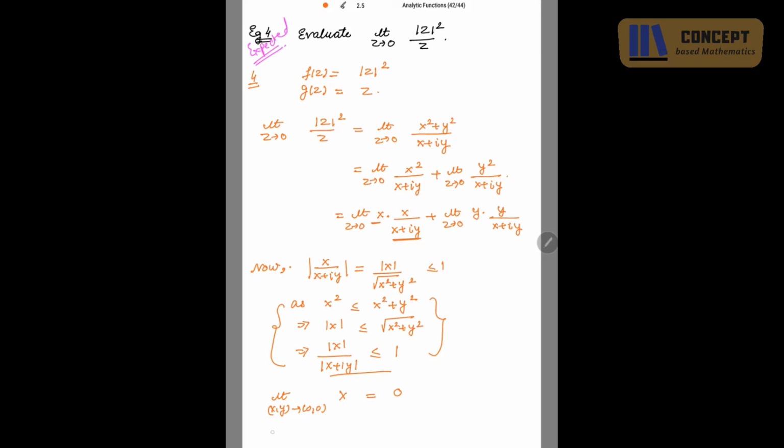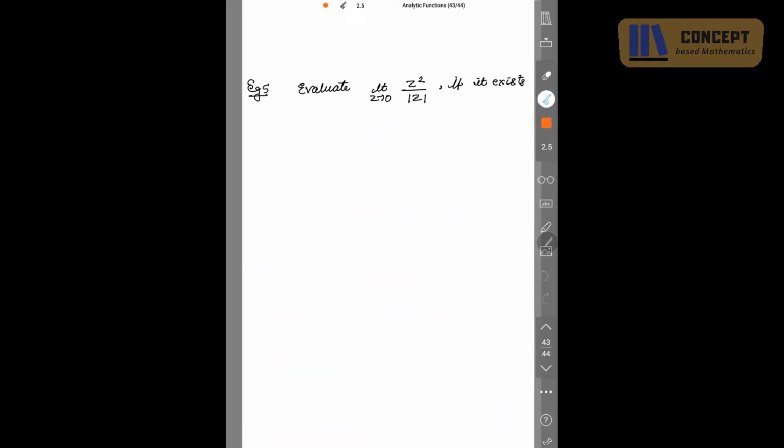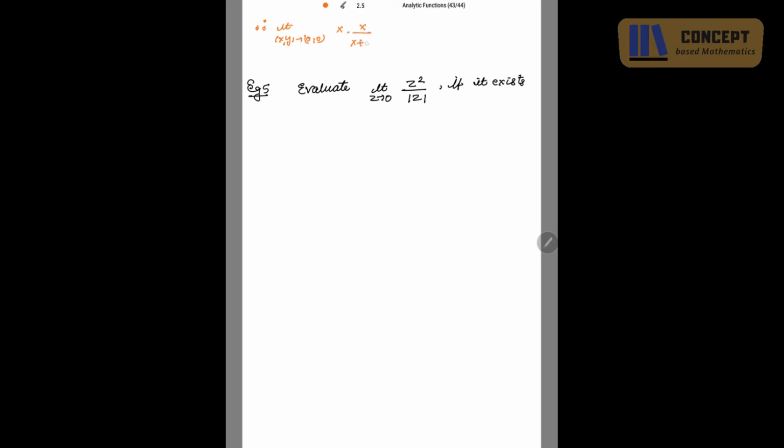Since limit (x, y) tends to (0, 0) of x is equal to 0 and modulus of x over x plus iota y is less than or equal to 1, therefore the limit (x, y) tends to (0, 0) for the first part, that is x into x over x plus iota y, is equal to 0.